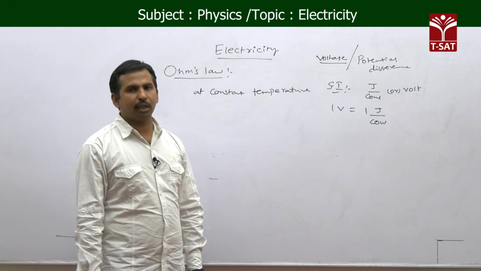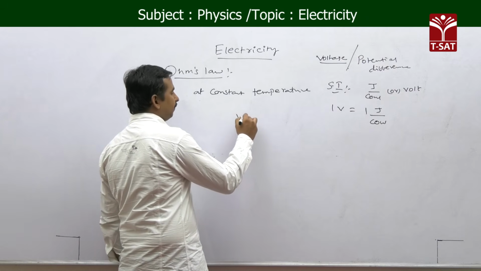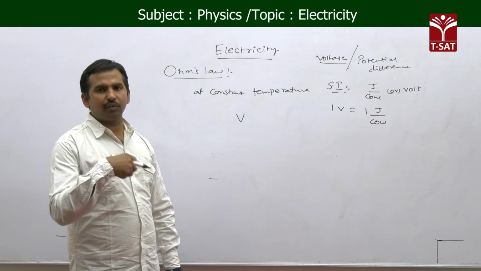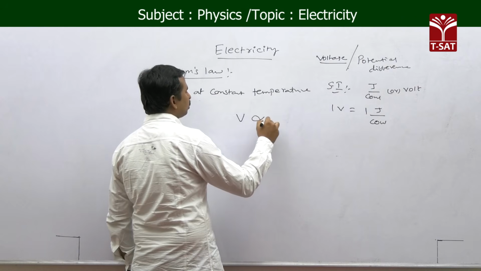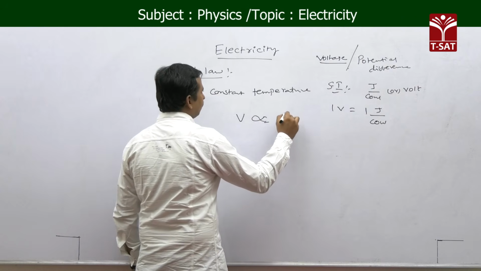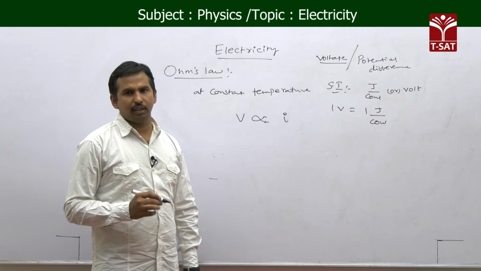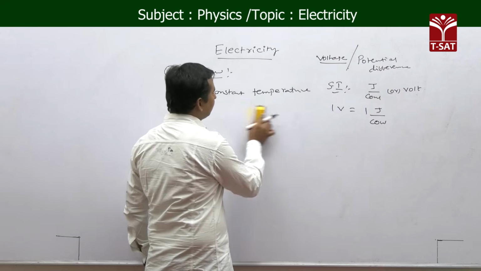At a constant temperature, whatever potential difference we apply, V, meaning the work done on the unit charge, is directly proportional to the current drawn. Depending on the voltage we get the current.